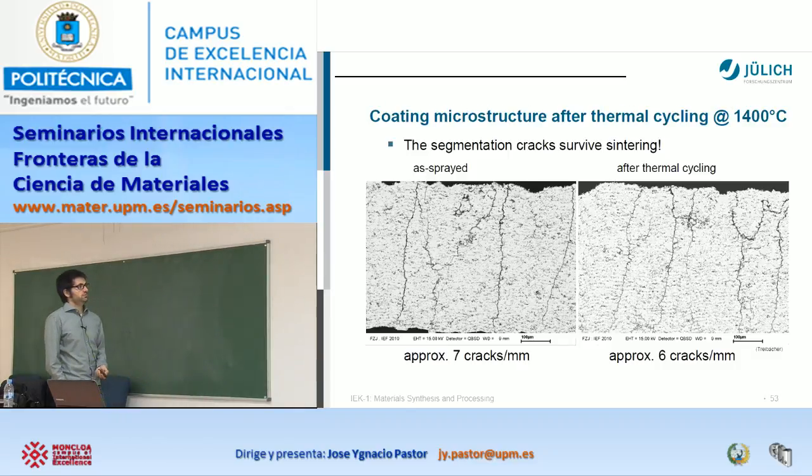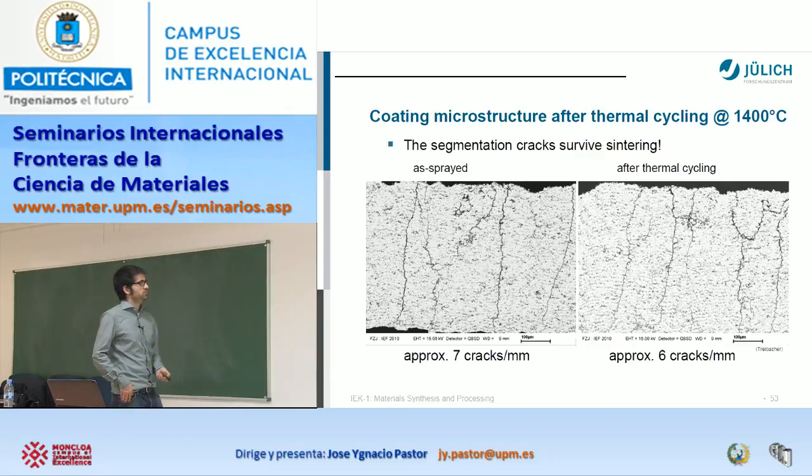Well, here also a couple of examples about the cracks that are critical when you create this process, and how they survive after the sintering. This is the spray with this, well, 7 grams per millimeter, and here after the thermal treatment, either they survive and it's reduced or at least keep constant, okay?